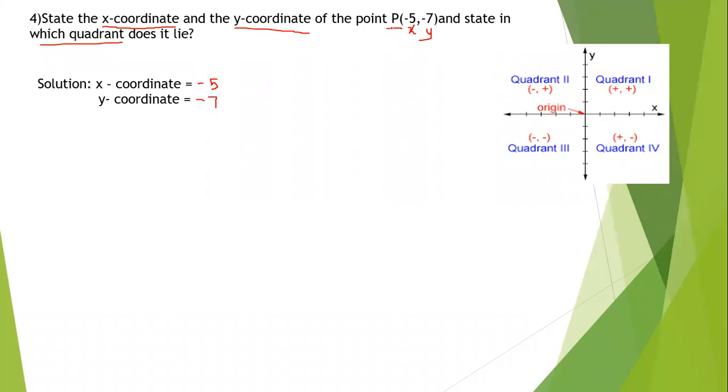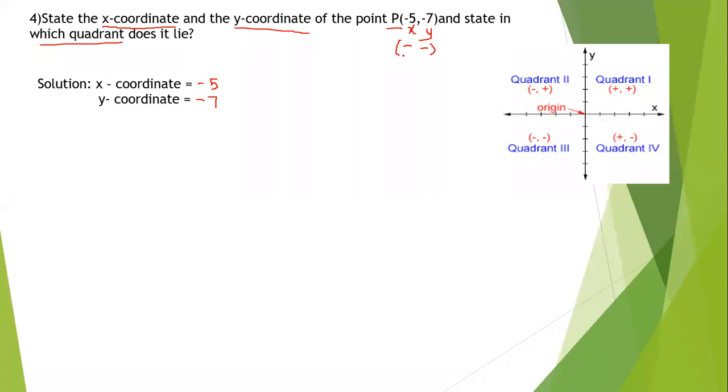Now here they have given us the point as point P and the coordinates as -5 and -7. So since the first number is negative, means -5, the x coordinate sign will be minus. And the second number, that is the y coordinate, is -7. So again it is minus. The sign of the y coordinate is minus.